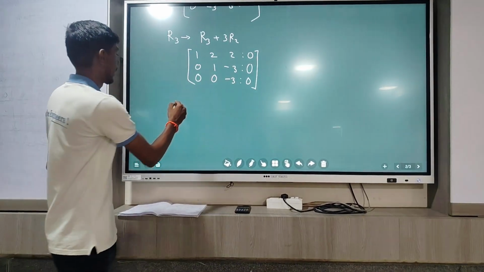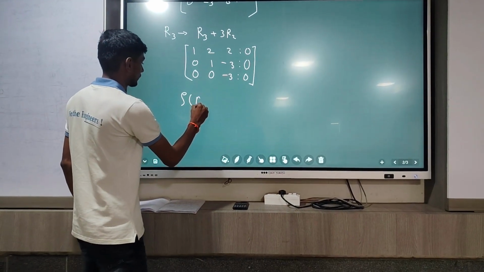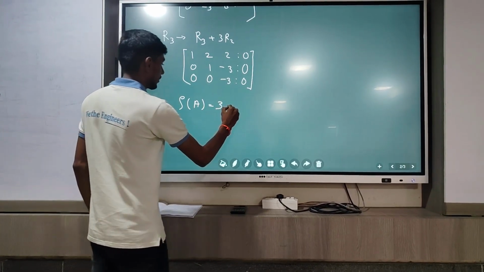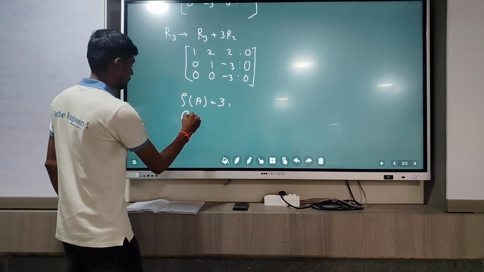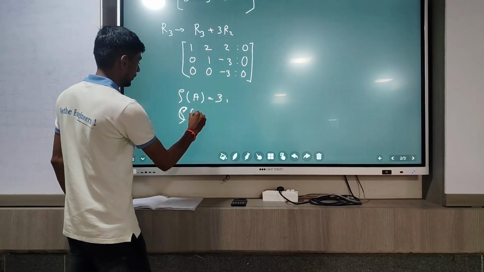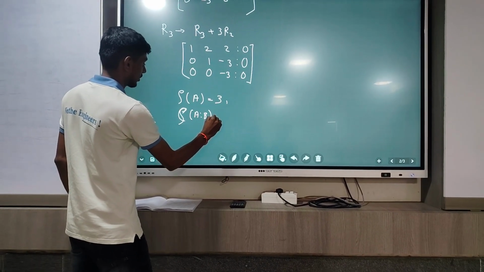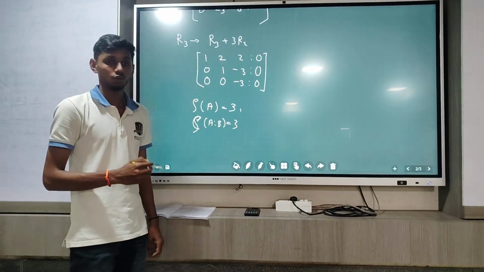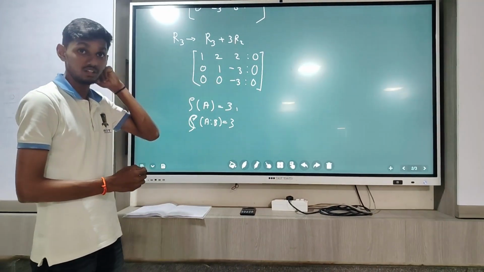So the rank of the matrix is 3, as well as the rank of the augmented matrix is also 3. So the rank of the matrix and the augmented matrix are equal to 3.